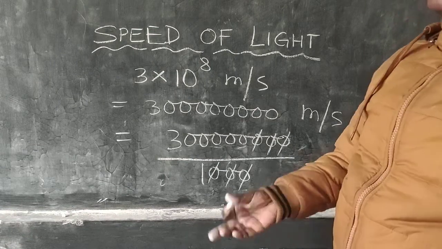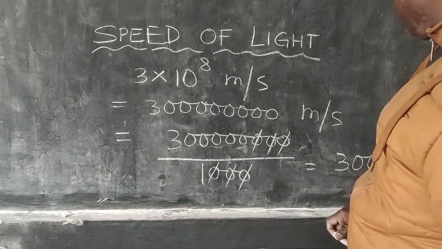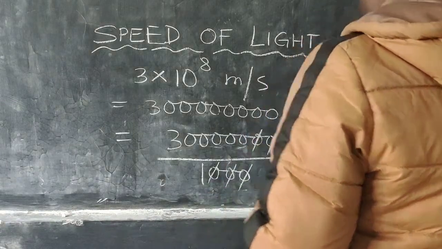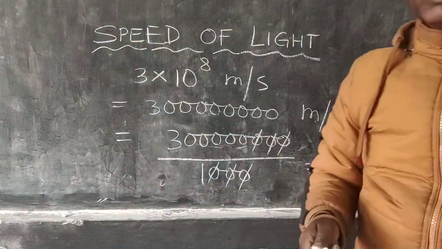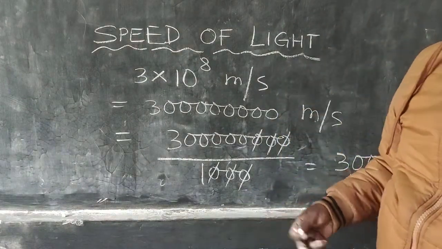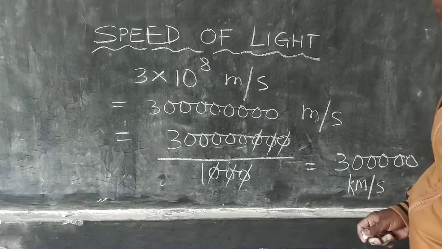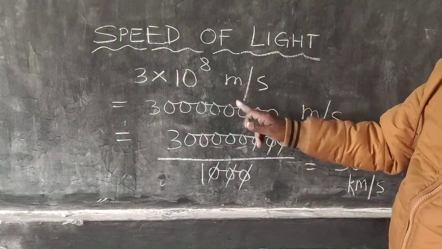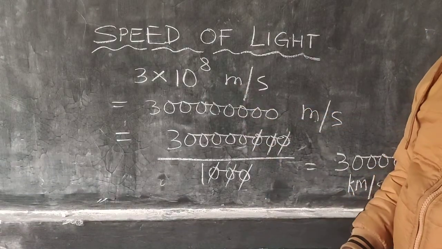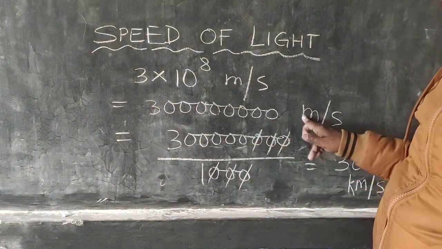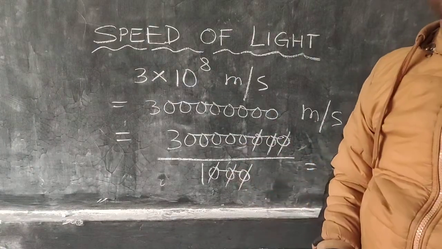Now suppose you were to convert this from meters per second to kilometers per second. Meters may not be so familiar to us, but kilometers seem to be okay with us. Now if I have to convert meters to kilometers, there are 1000 meters in 1 kilometer, so you have to divide by 1000.